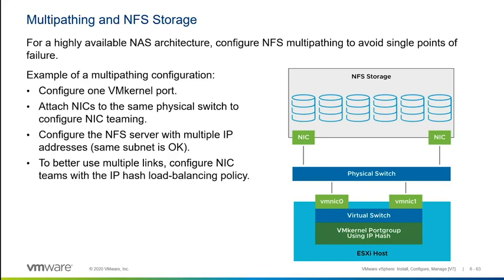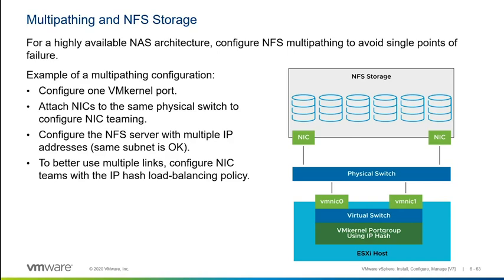Now, when it comes to multipathing with NFS storage, there's a couple of ways to do this. First of all, configuring a single VM kernel port and then attaching multiple NICs, right, to the same switch, enabling IP hash-based load balancing on the VM kernel port with at least 2 different physical NICs, and on the physical switch side of things, using 802.3ad link aggregation control.